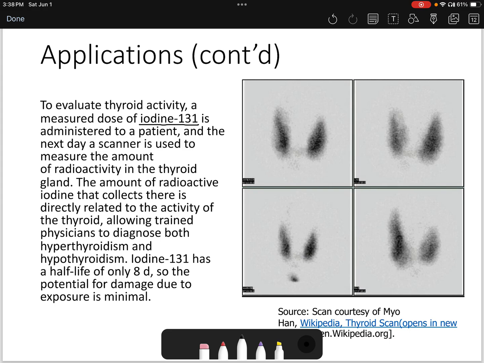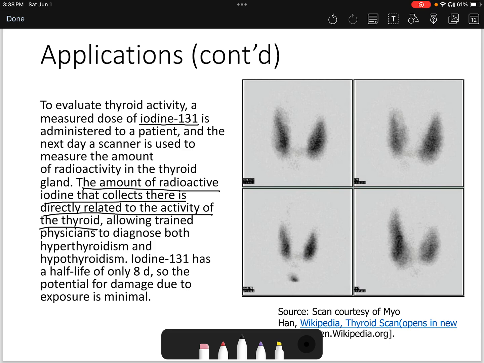So the way that we do that is we administer iodine 131 to a patient, and the next day we use a scanner to measure the amount of radioactivity in the thyroid gland. And then the amount of radioactive iodine that collects in the thyroid is directly related to the activity of the thyroid.